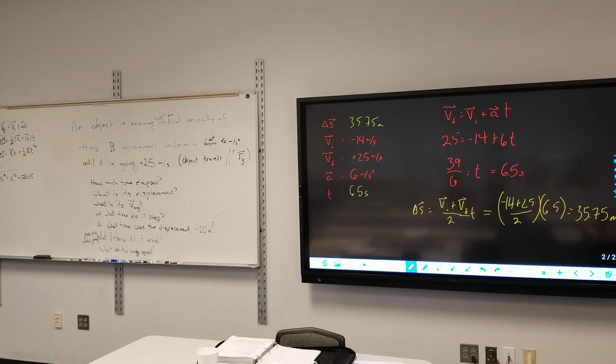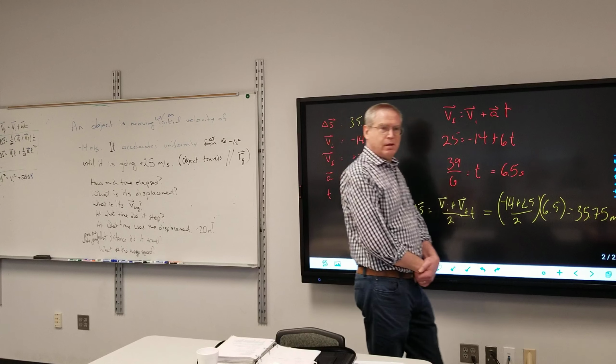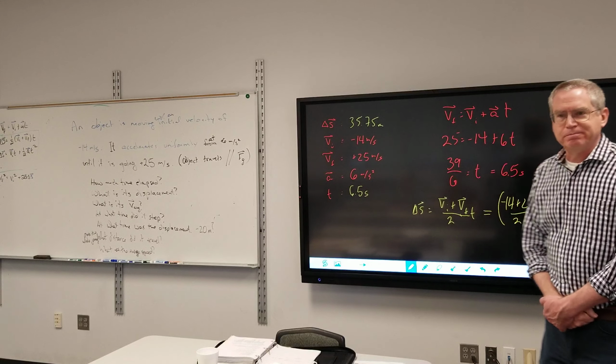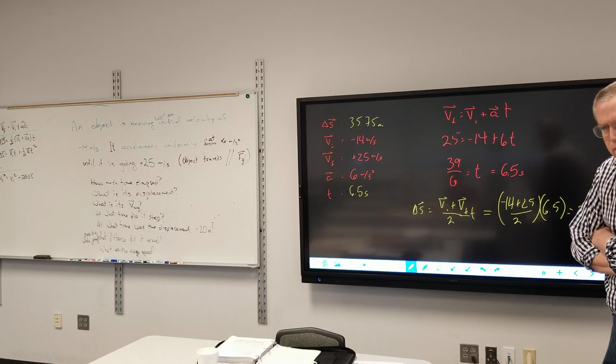We have two ways of doing it. One way always works, the other way works in this case. You want to find the average velocity? Are you on the third question? Yes.